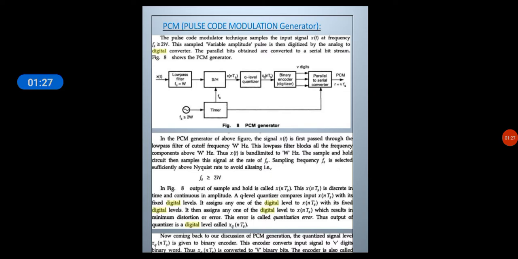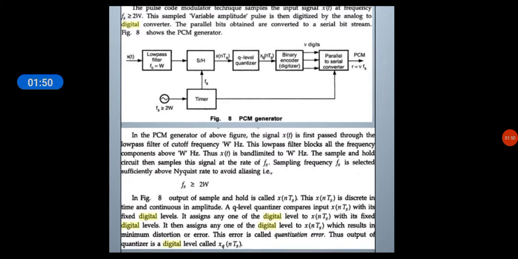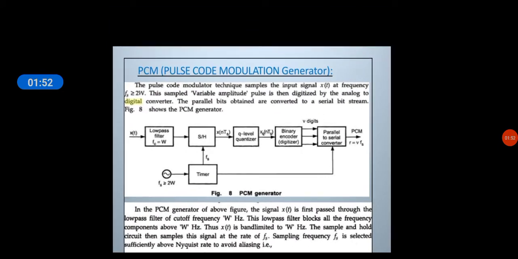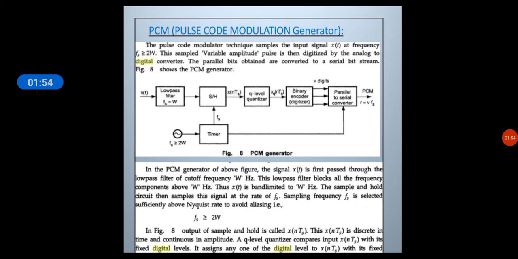So again I'm telling the definition: analog signals are sampled and then converted by means of coded pulses. The input here is an analog signal, because we know that anything in nature is an analog signal, and that can be converted into digital. The primary part here is pulse code modulation.